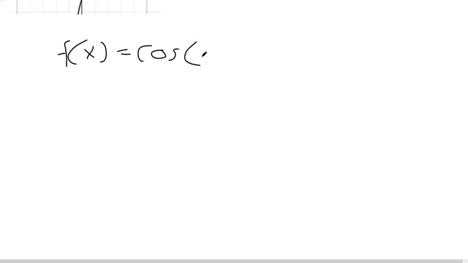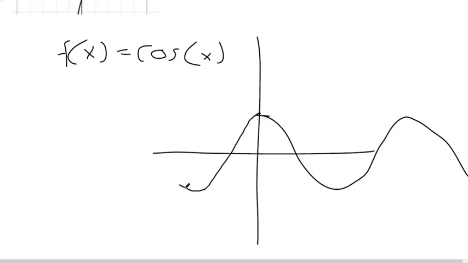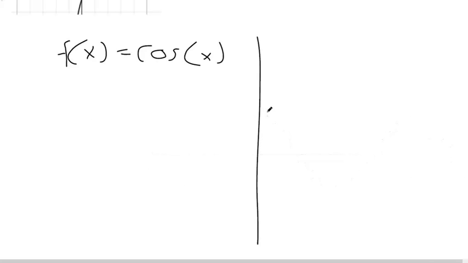Cosine of x starts at the peak of that wave at x equals 0. It does the same exact thing. It's just shifted pi over 2 units from the sine function. So cosine and sine are the same thing. Sine starts right in the center of the wave at x equals 0. Cosine starts at the top of the wave at x equals 0.